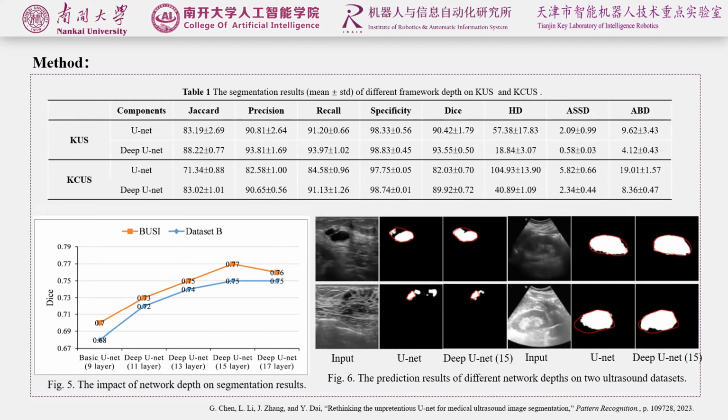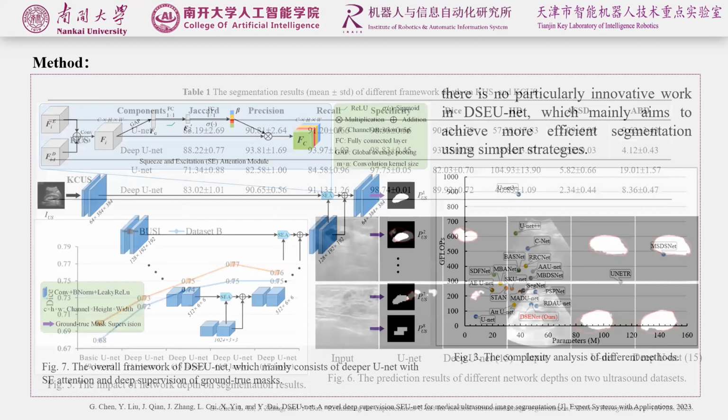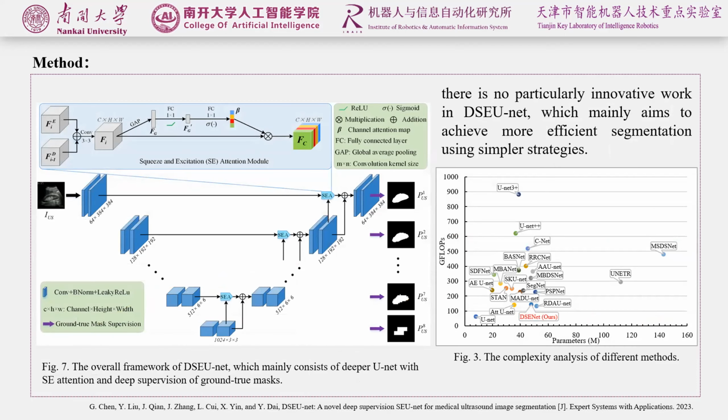Although simply increasing the depth of the network has greatly mitigated the occurrence of misdetection and false detection, as shown in Figure 6, due to the complexity of ultrasound images, these segmentation results still need to be further refined. In order to obtain more refined segmentation results, we developed a new network named DSE UNet.